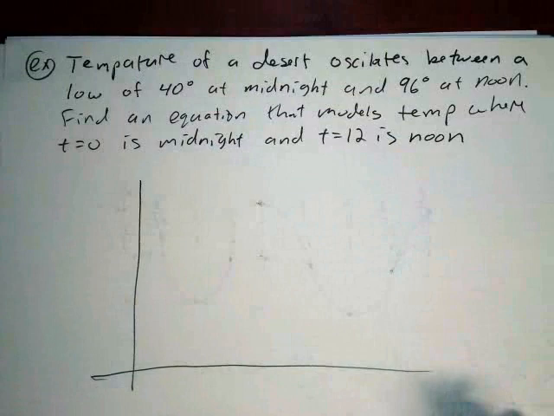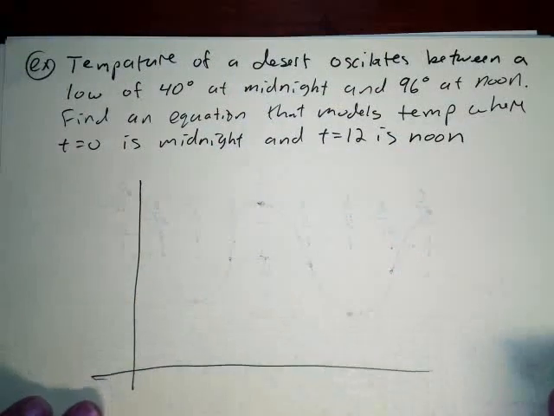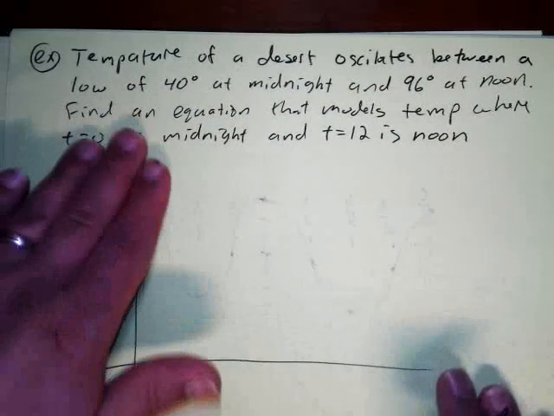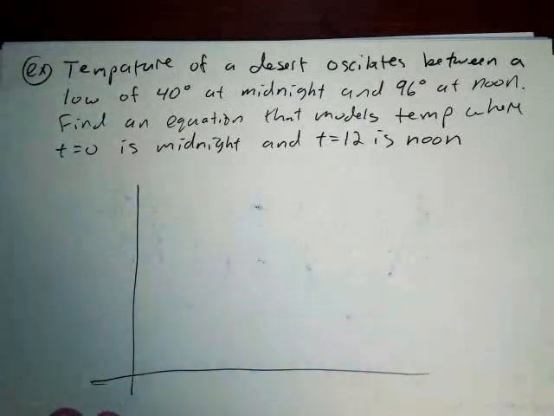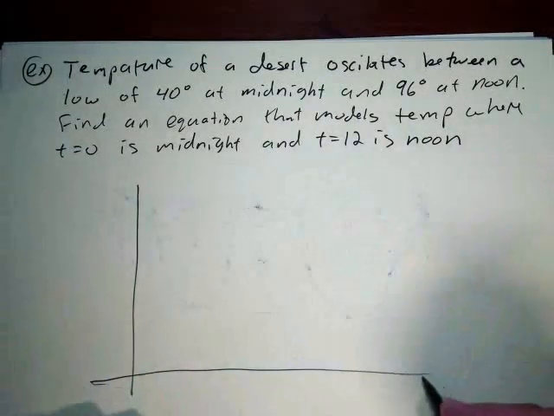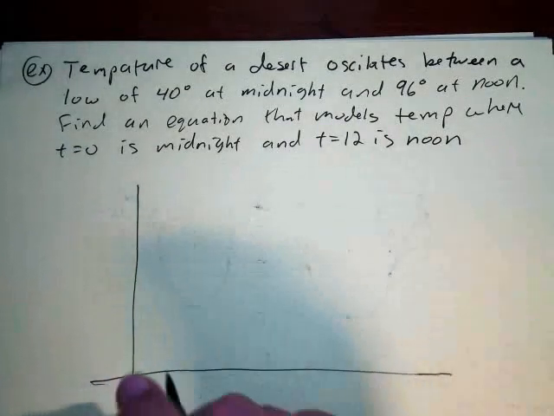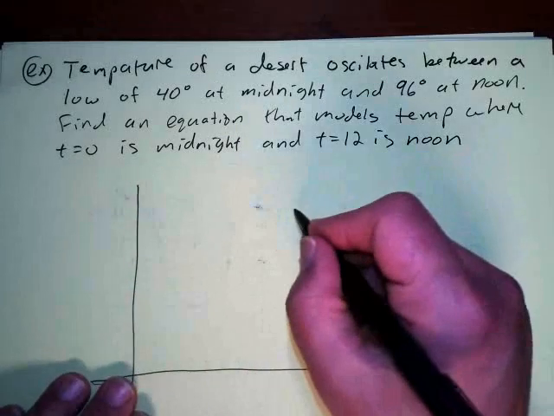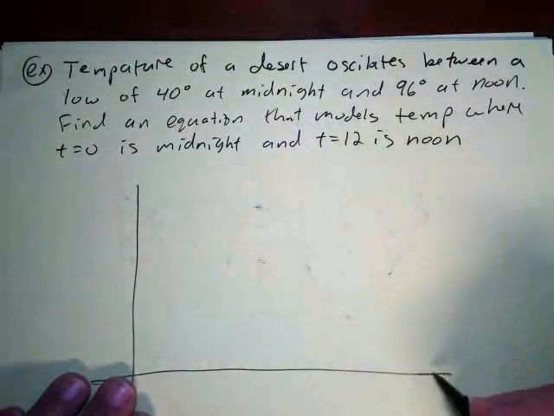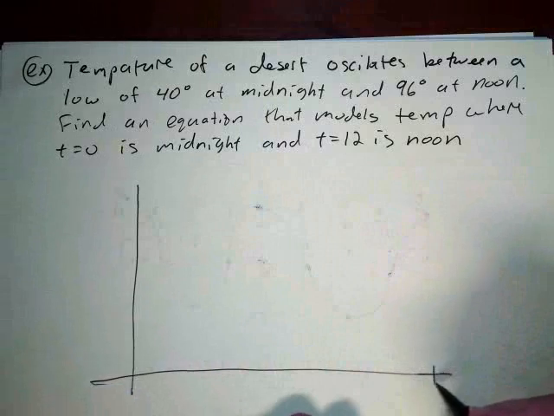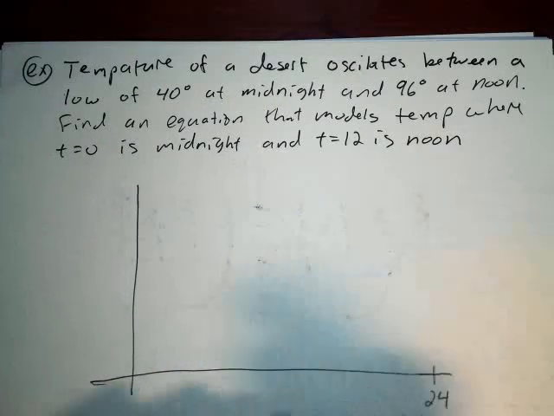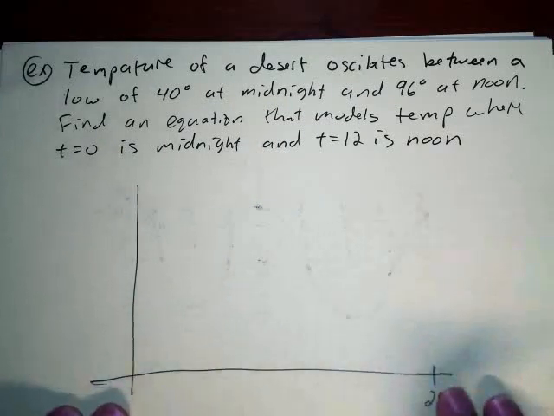And so we only need this positive quadrant here. And if it goes from a minimum up to a maximum, then it's going to have to go back down to a minimum. So the period is actually 24. Okay?